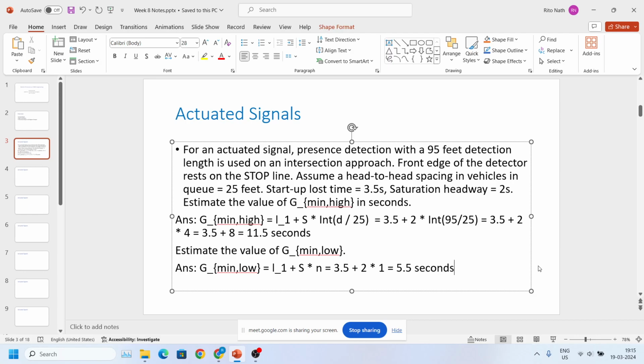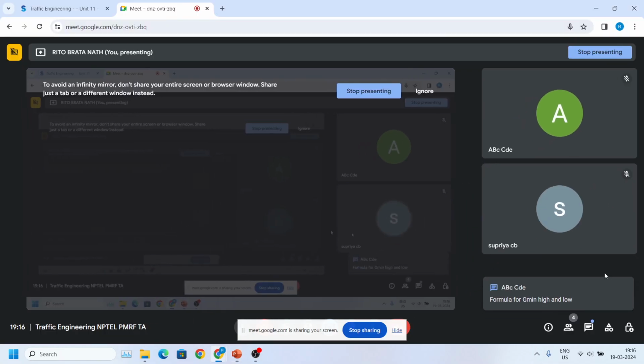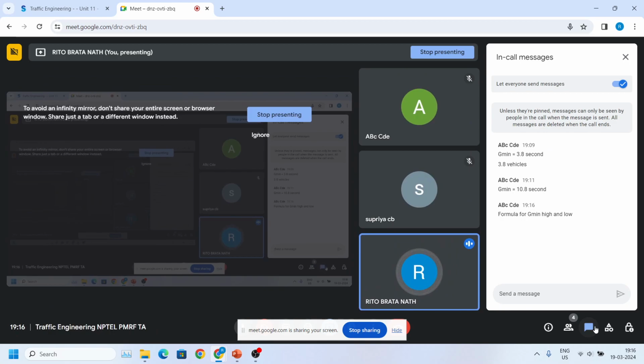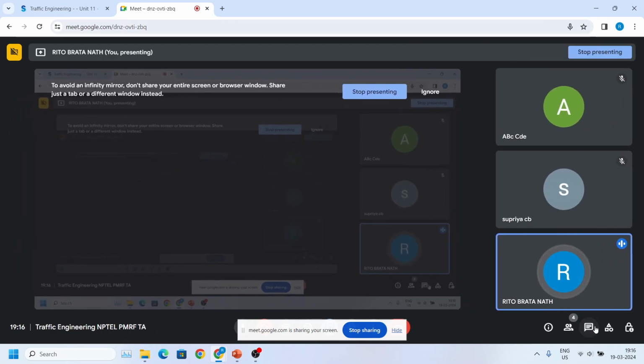So let me now move to another problem. I think that's again relevant to the next question that you may find in the assignment. So let me get the data for that. Okay, so the formula for G mean high and low, you will find it in the slides, right?